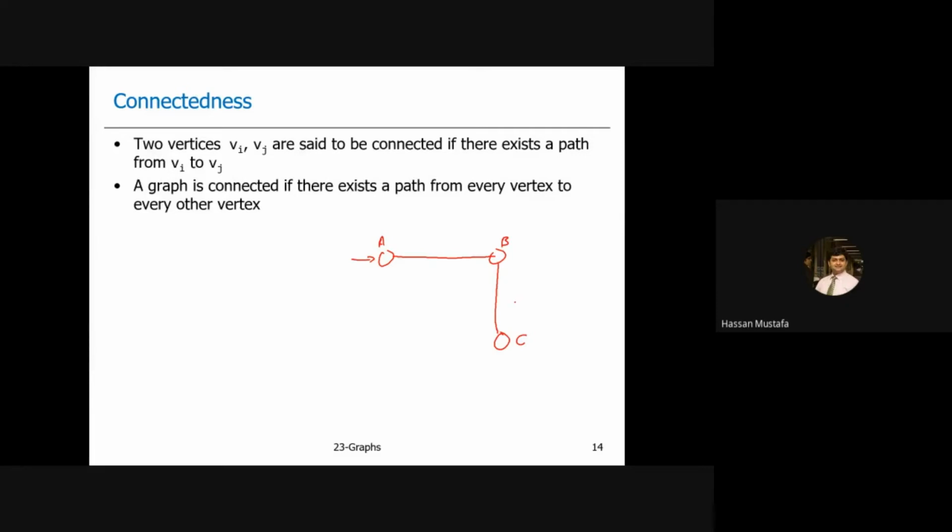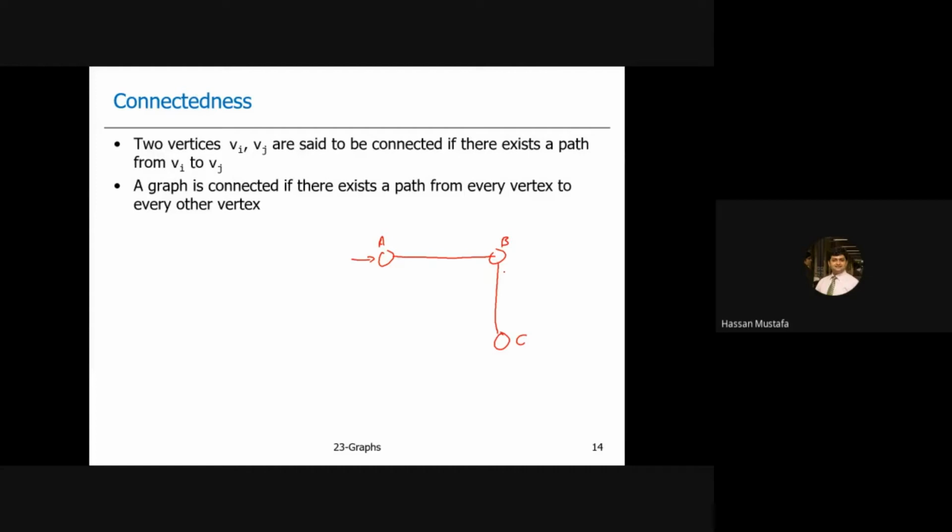This definition is actually very important. Sometimes you would like to see, for example, in a computer network, if a vertex or a node is accessible or not. And if you want to check that, you would like to check the connectedness of the entire network.